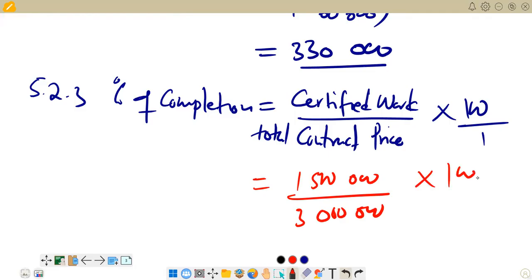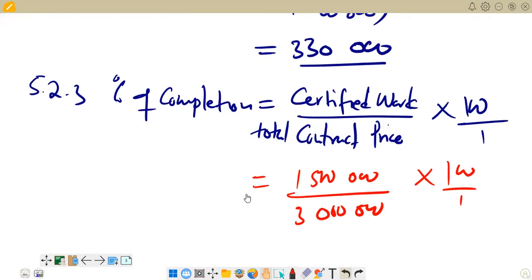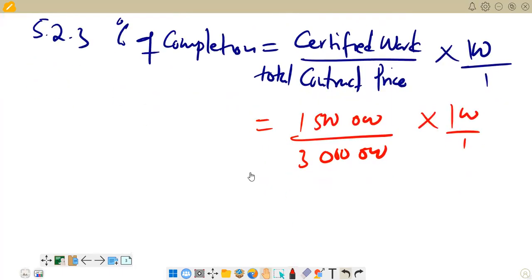Then we multiply by 100 over 1. Looking at that fraction, we see that 1,500,000 is half of this one. So obviously we are going to get 0.5 here. Then you multiply by 100, you get 50%. So the answer that we get there is 50%. This is the percentage of completion.